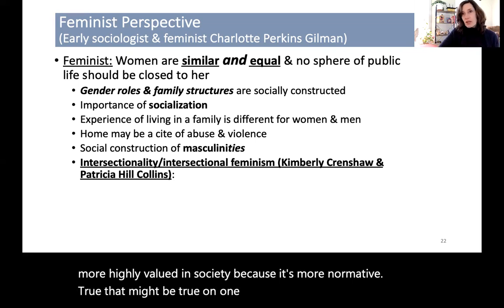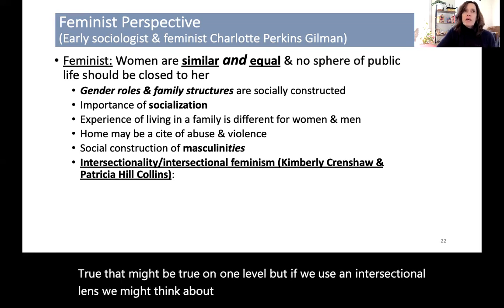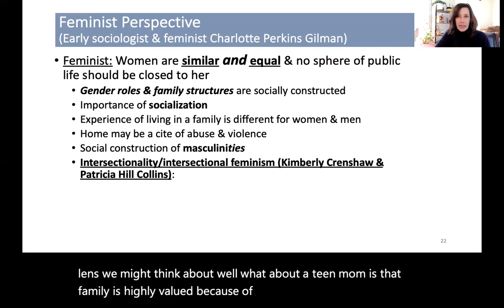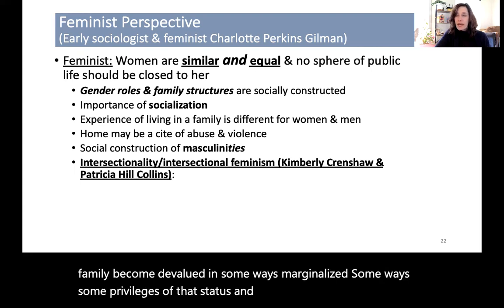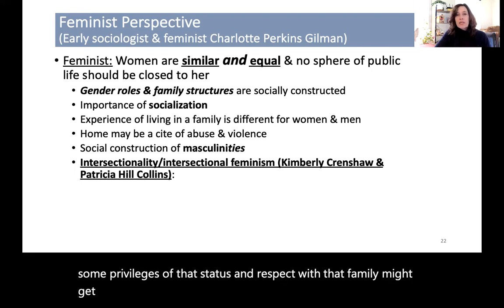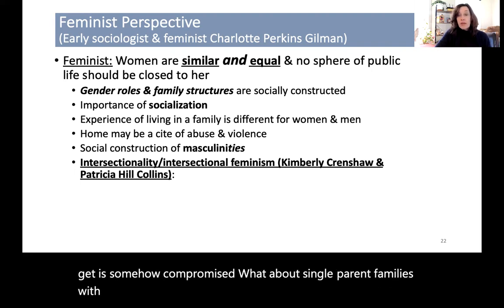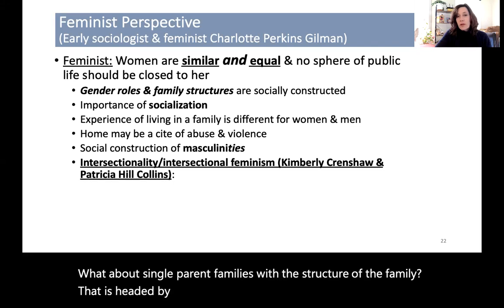But if we use an intersectional lens, we might think about, well, what about a teen mom? Is that family as highly valued because of that mom's age status? Does that family become devalued in some ways, marginalized in ways? Some privileges of that status and respect that that family might get is somehow compromised. What about single parent families, so the structure of the family that is headed by women in particular?